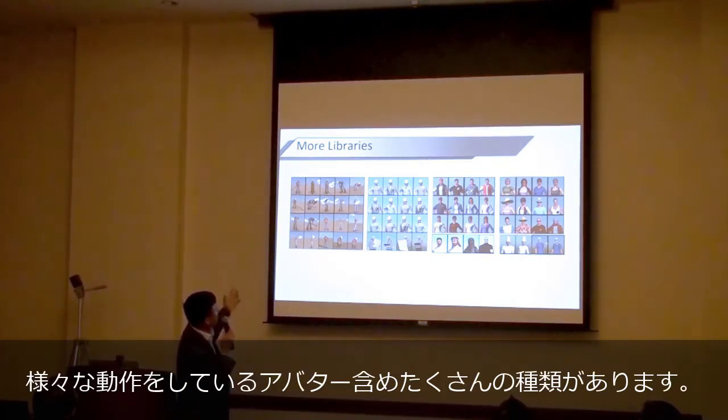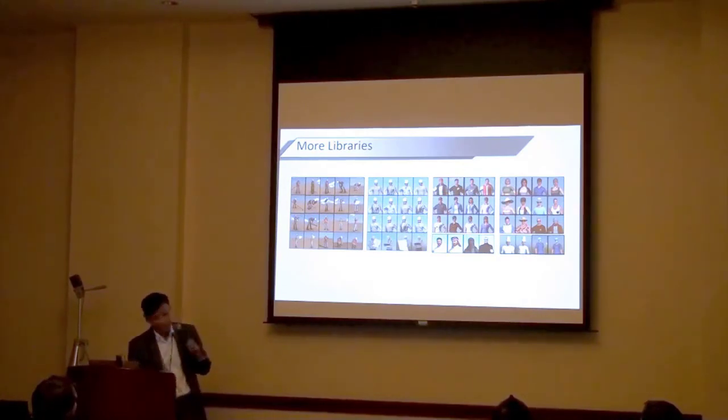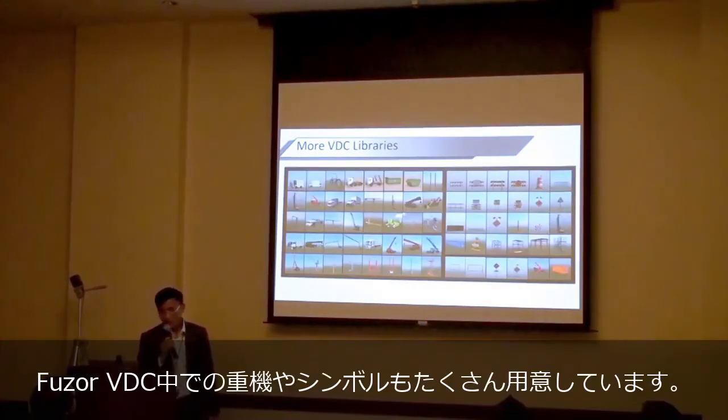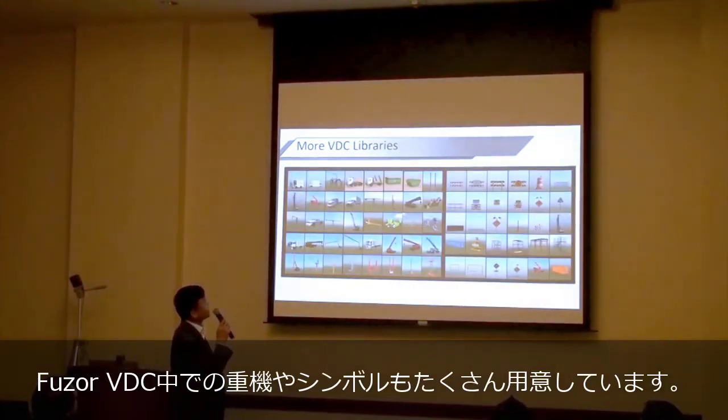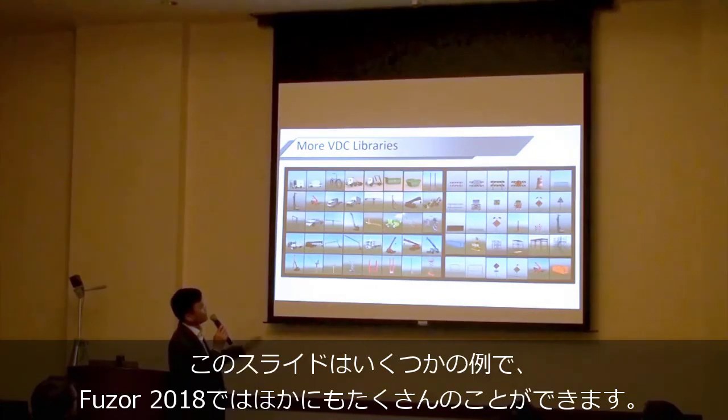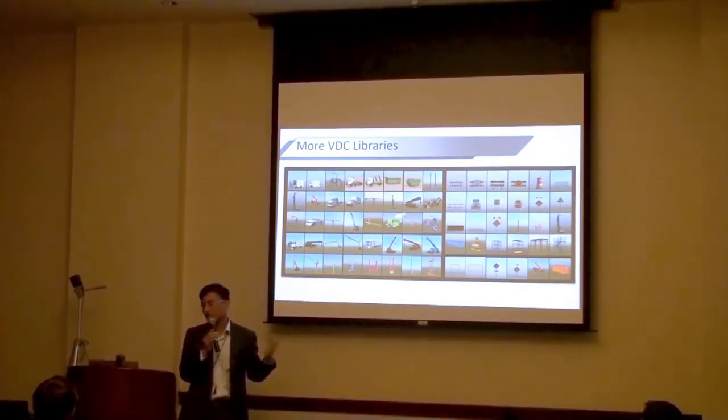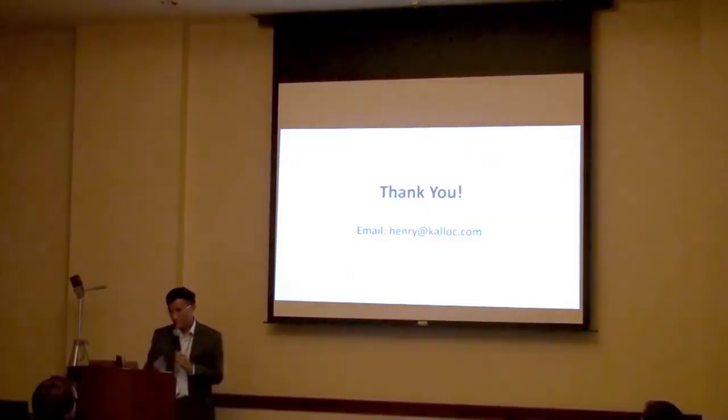You've got all kinds of things, even people washing a car, wheeling, directing traffic, I think. We also have lots of DLC vehicles and symbols. This is just an example on this slide. We have a lot more than this, so stay tuned.